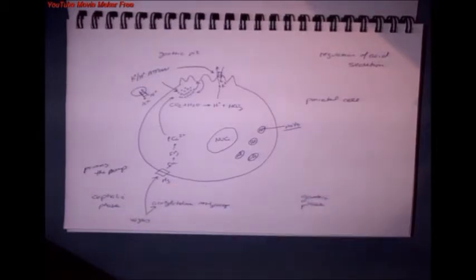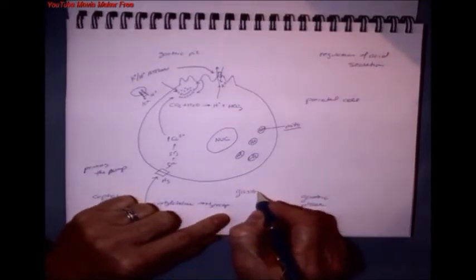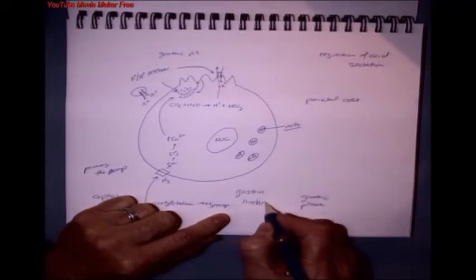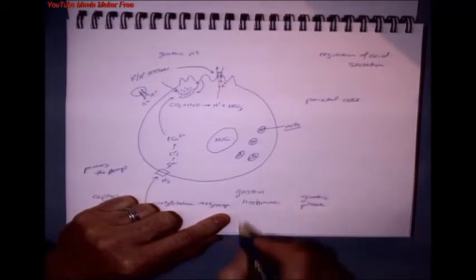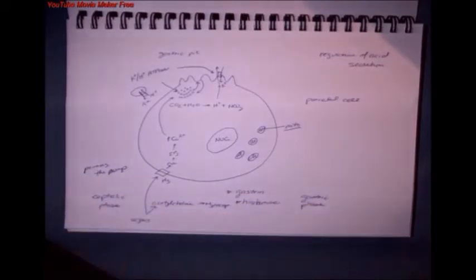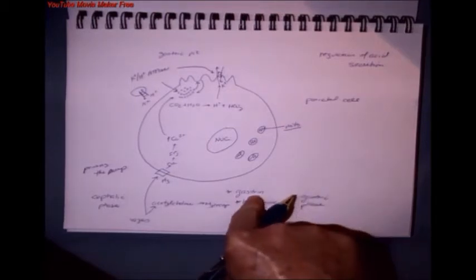So what will trigger that? Now we have to talk about the hormones. We have two hormones. One is called gastrin. The other is called histamine. The gastrin has a specific receptor.